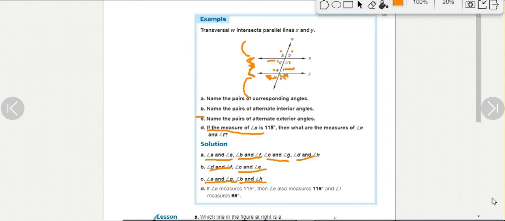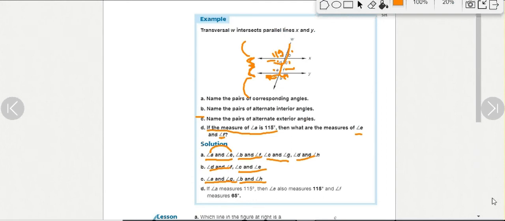If the measure of angle A is 115 degrees, then what are the measures of angle E and angle F? If A is 115, what are E and F? E, we said, corresponds with A, so they are congruent. They are the same. You can tell when you look at them, they look the same.